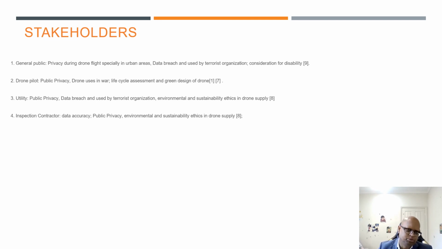Utilities: privacy, data breach, use by terrorist organizations, environment, and sustainability ethics in drone supplies. And the inspection contractors, which in this case is us, have similar concerns as utilities.